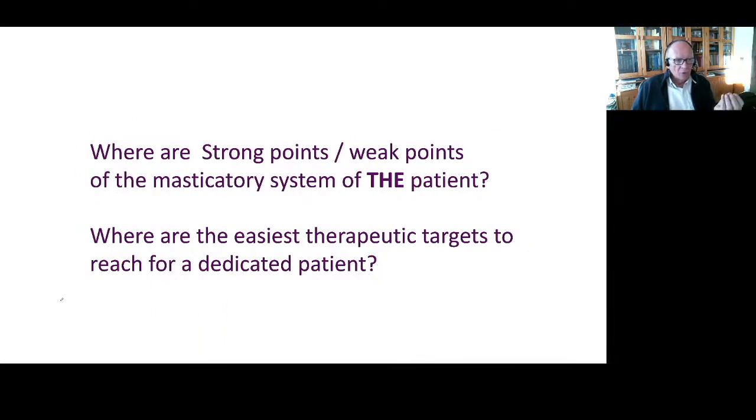Well, we have to look where are the weak points of the masticatory system of the patient who is in front of you, and what are the therapeutic targets. More easy to reach.